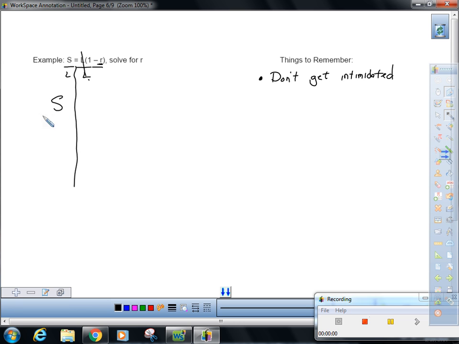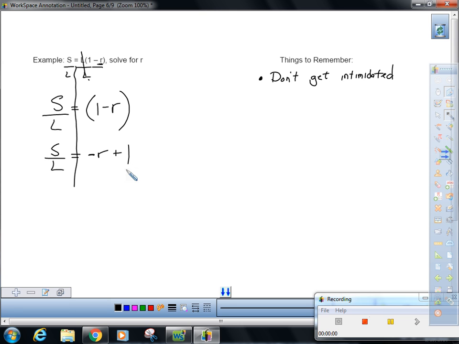So what I have is S over L equals, and then I'll leave it in parentheses so I don't confuse you guys, 1 minus r. So that's the same thing as S over L equals negative r plus 1. You remember that you can add things in any order that you want? 3 plus 4 is the same thing as 4 plus 3.